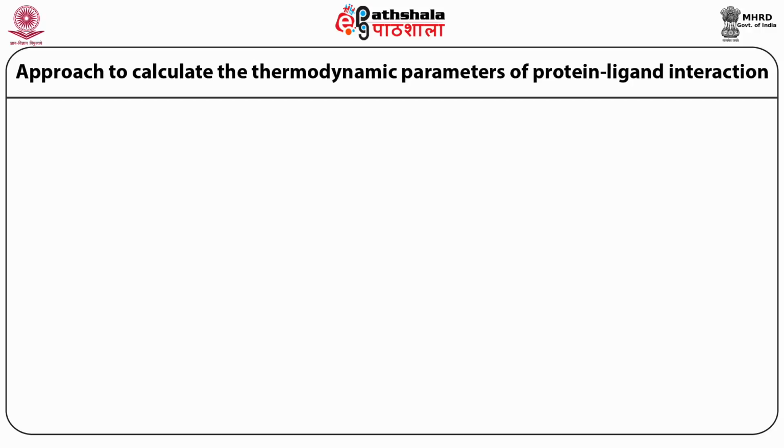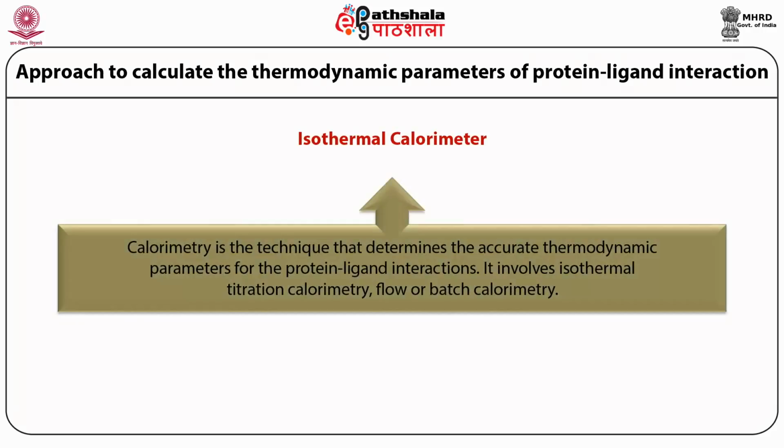So one of the best methods is to measure experimentally, and the instrument which we use is isothermal calorimetry. Calorimetry is the technique that determines accurate thermodynamic parameters for protein ligand interactions. It can be of different types, flow or batch calorimetry.